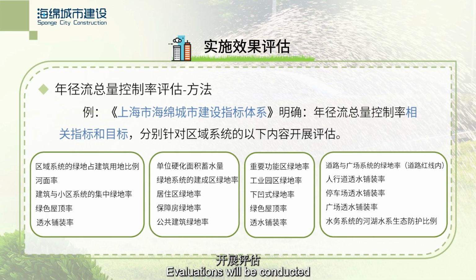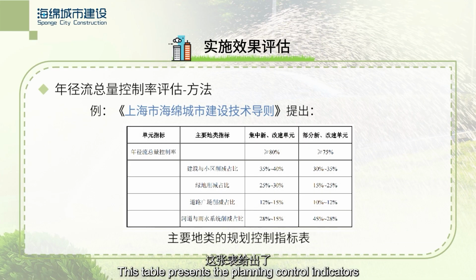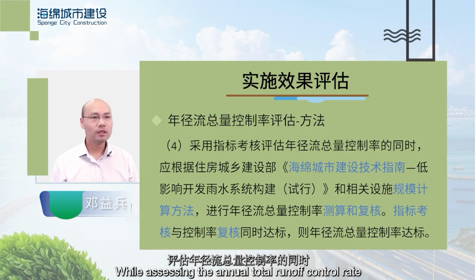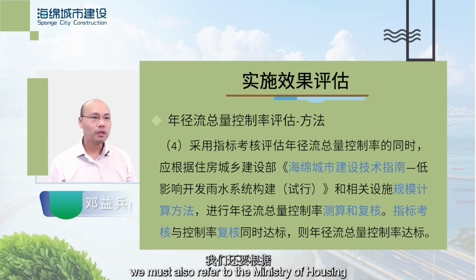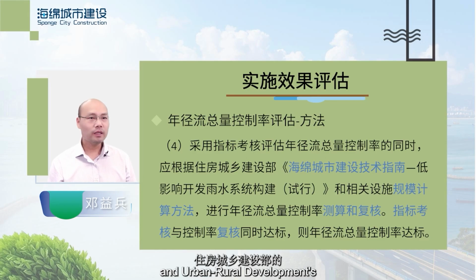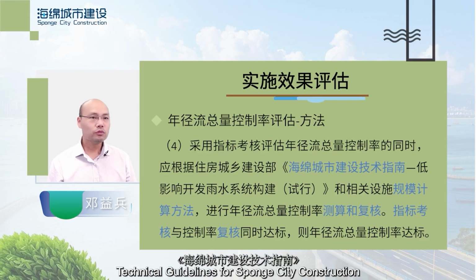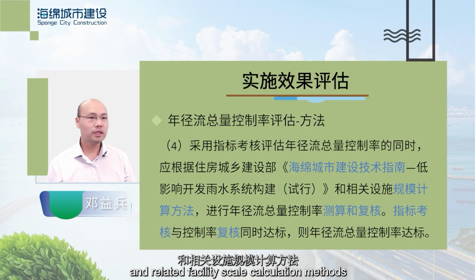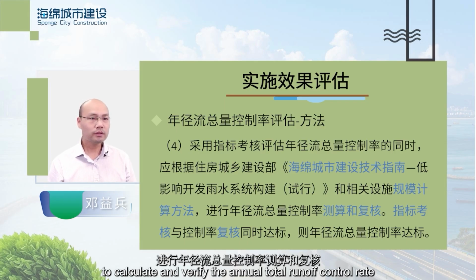Evaluations will be conducted. This table presents the planning control indicators. For the main land types, assessment is done by adopting indicators. While assessing the annual total runoff control rate, we must also refer to the Ministry of Housing and Urban-Rural Development's technical guidelines for sponge city construction and related facility scale calculation methods to calculate and verify the annual total runoff control rate.